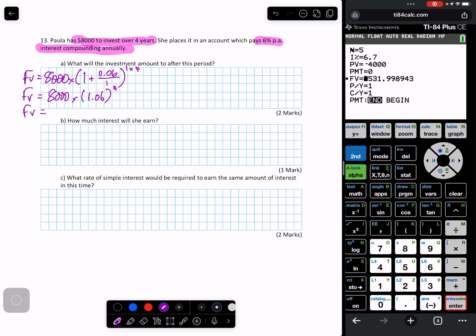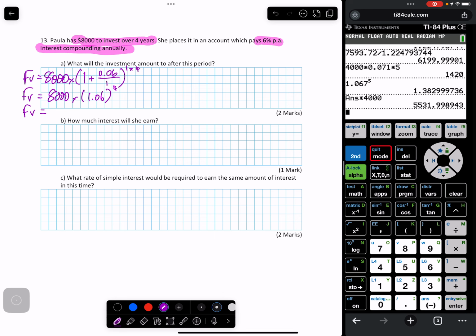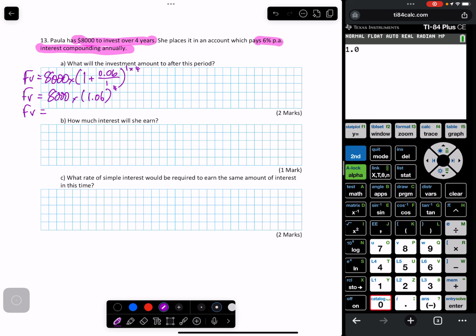FV is going to be 1.06 to the power of 4 times that by $8,000. That comes to 10,099.82 to 2 decimal points. That's using the formula method.